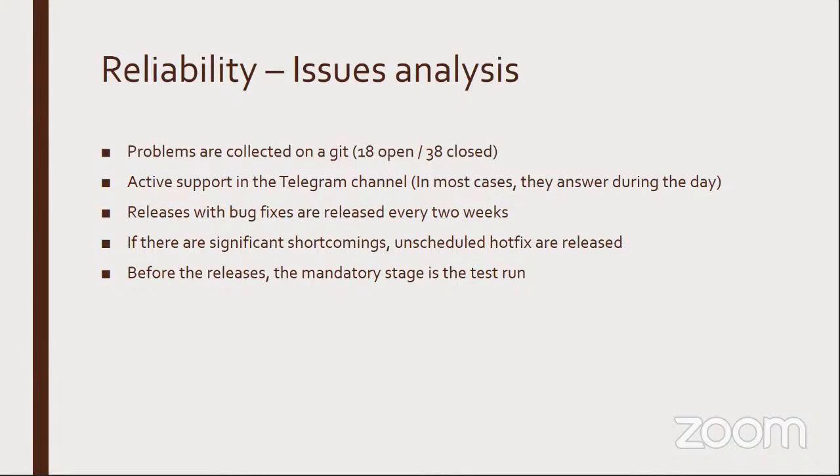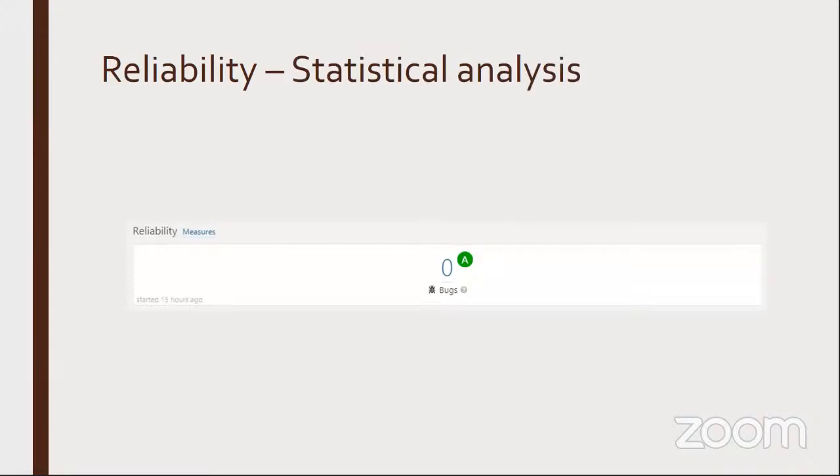If they are made in the closed repo, maybe it's very often, not like in the open repo. We also like to mention that significant shortcomings are released as a hotfix, and each commit always has a CI running. Next slide, please.